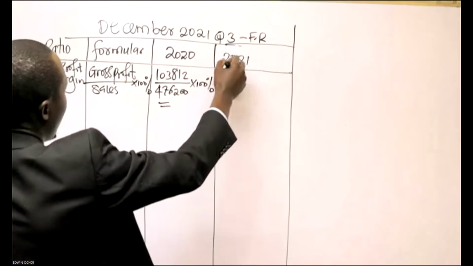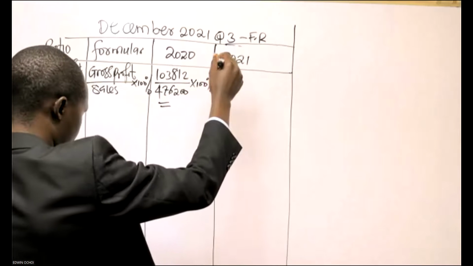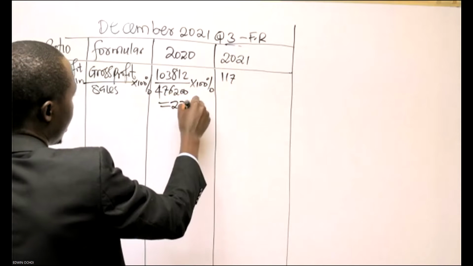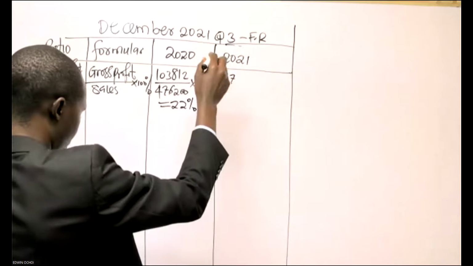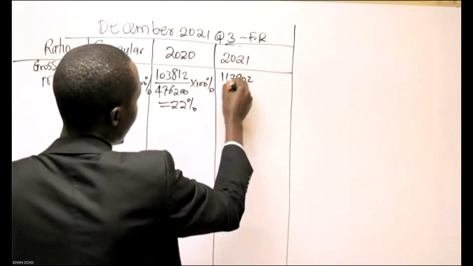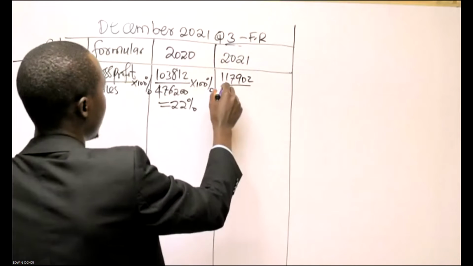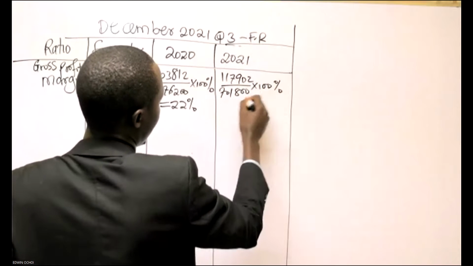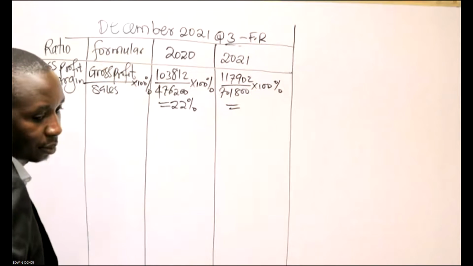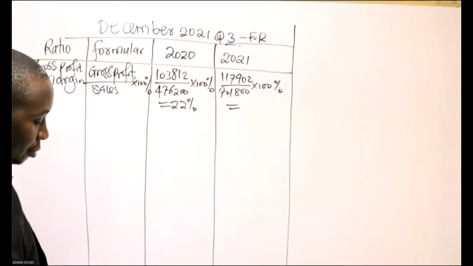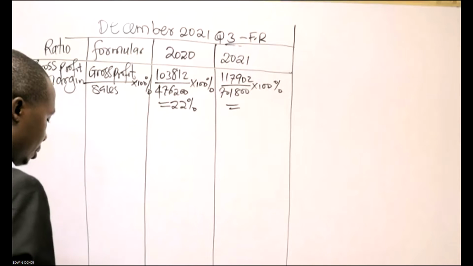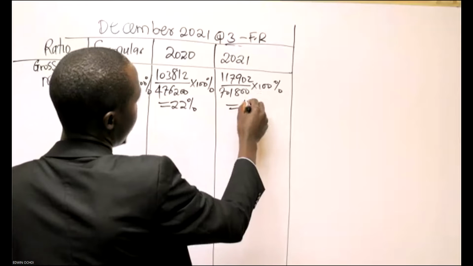That is 22% for 2020. And this one is 179,02 over 701,800 times 100%, so that is 17%.